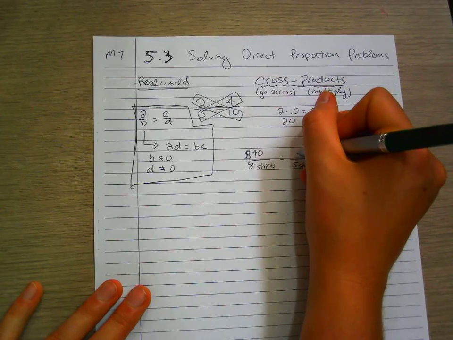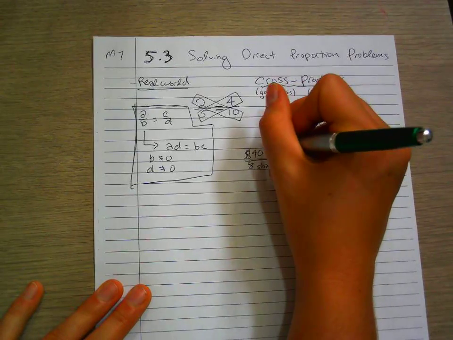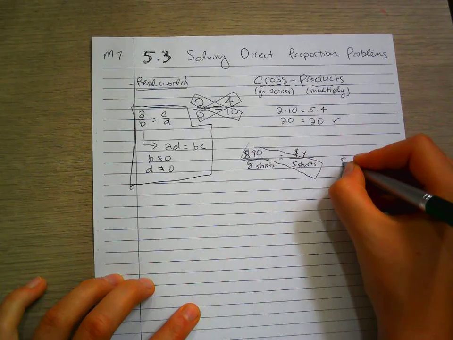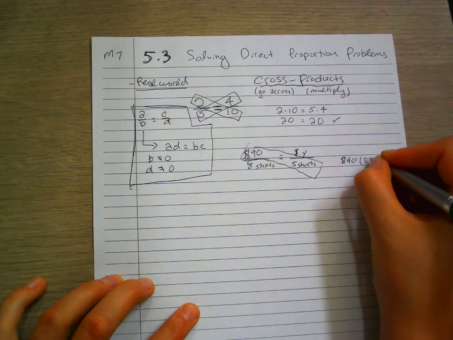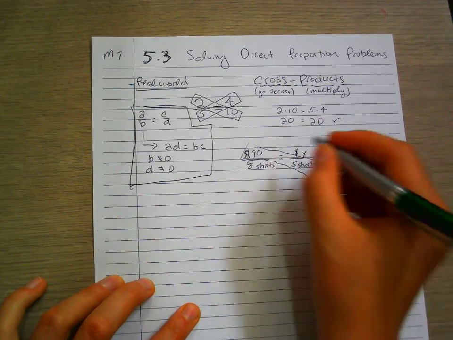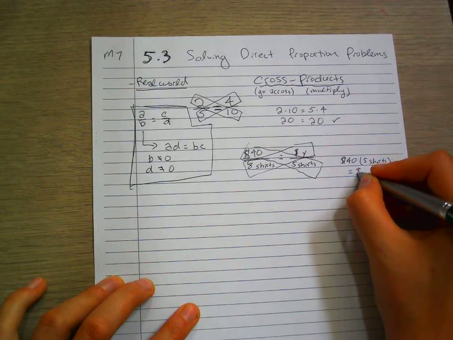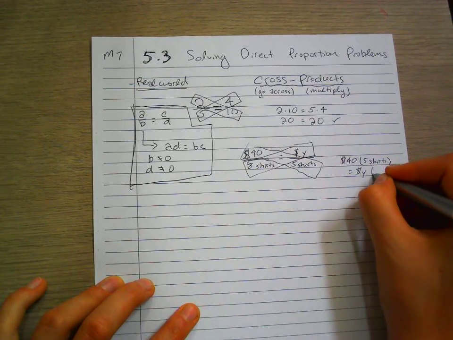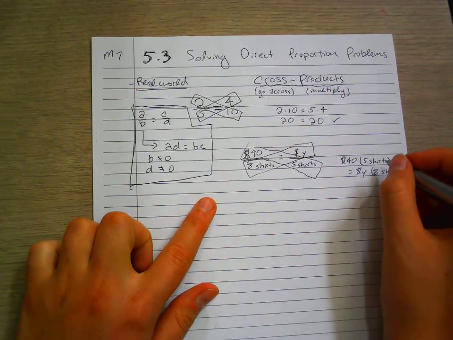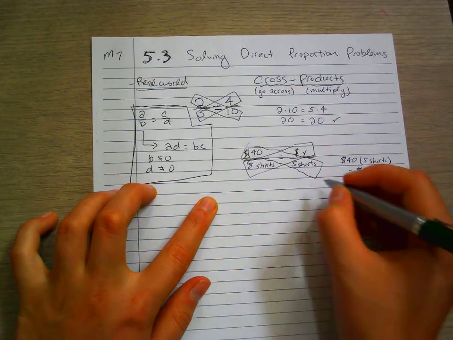Now if we cross and we do these two, one side becomes $40 times 5 shirts, and that's going to be equal to the other side, which is $y times 8 shirts. So now, without all the extra symbols and values, our equation is going to be 40 times 5 equals y times 8.